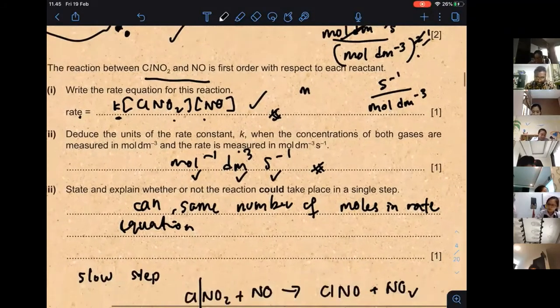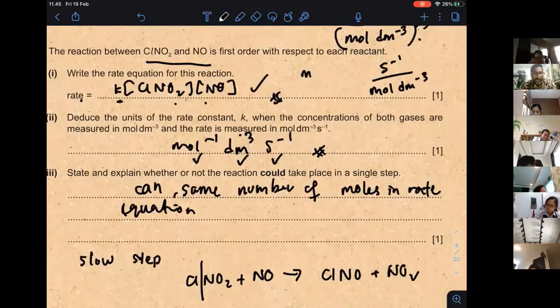Now the next one is very important. State and explain whether or not the reaction could take place in a single step. I want you to really understand the slow step. Normally, when we write the equation, the slow step must have all the reactants that are included in the rate equation.